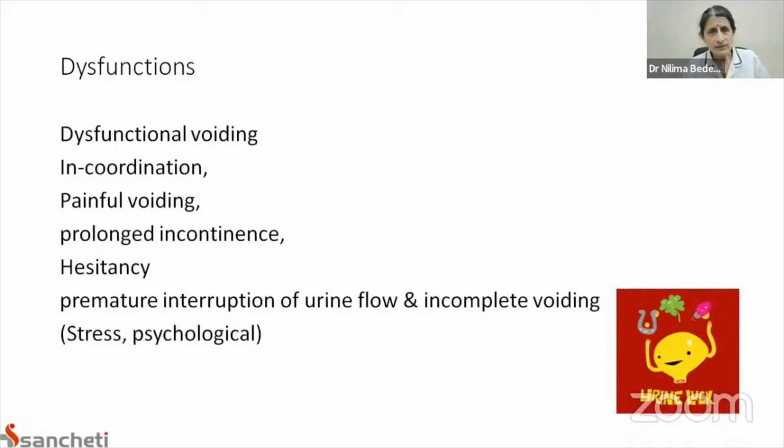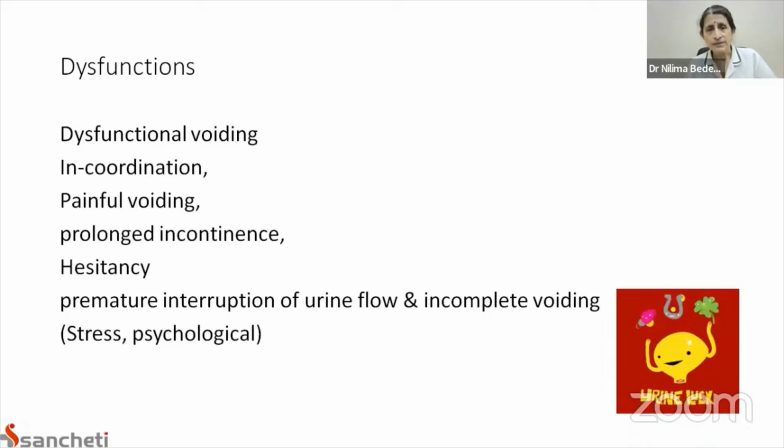There could be dysfunctional voiding, incoordination, and pain during voiding. There could be a prolonged incontinence due to various causes, and one type of incontinence can lead to other incontinence types, which we will discuss later.